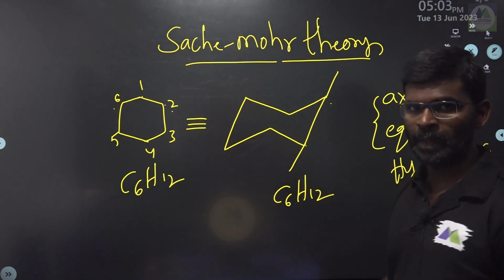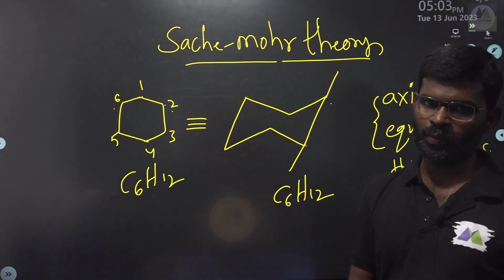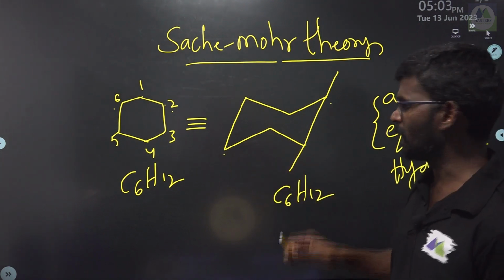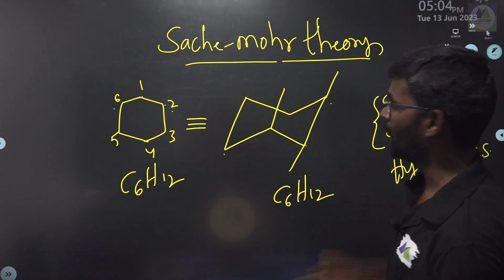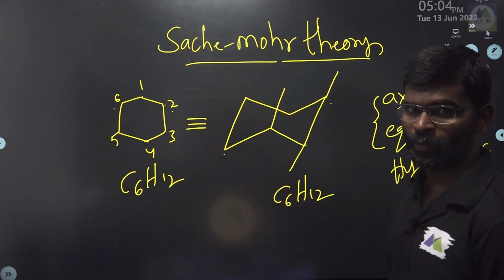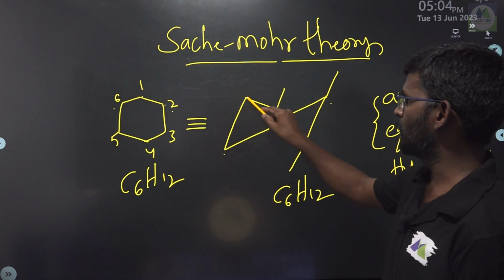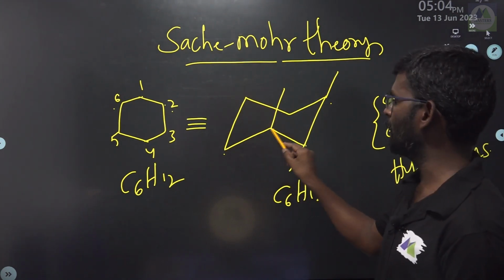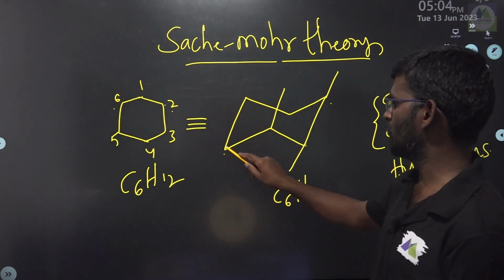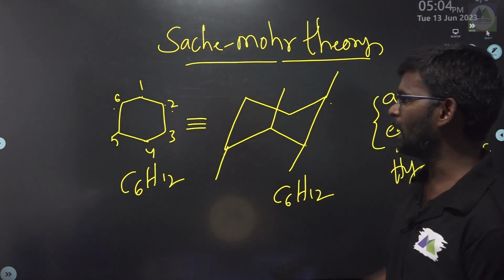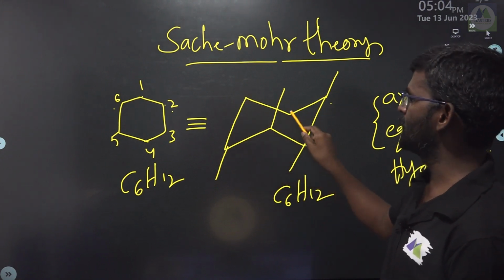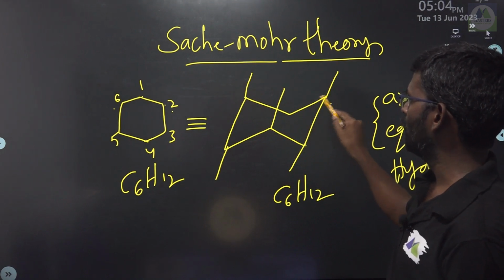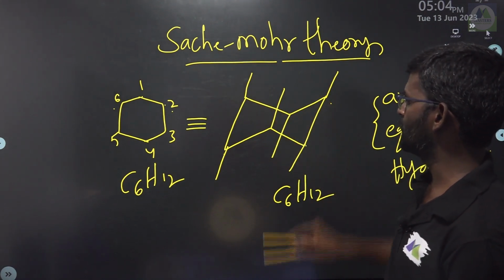For the third, in between 2 and 4, both routes are upside, so we draw an upside line. For the fourth, in between 3 and 5, both are downside, so we draw a downside line. For the fifth, 4 and 6 are upside. For the sixth, 1 and 5 are both downside.